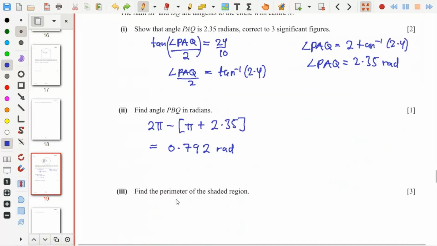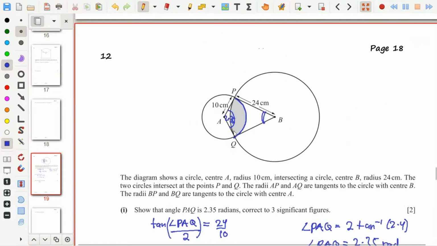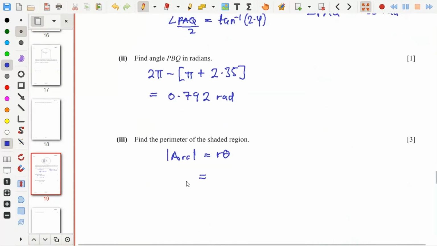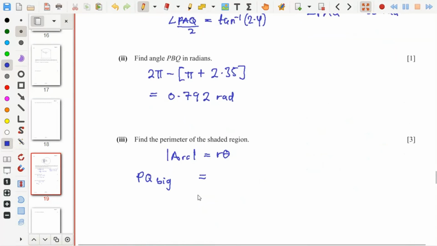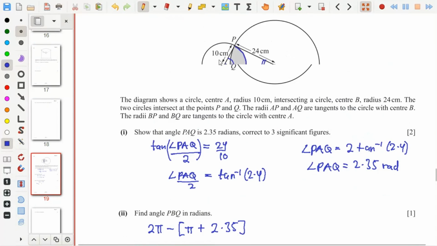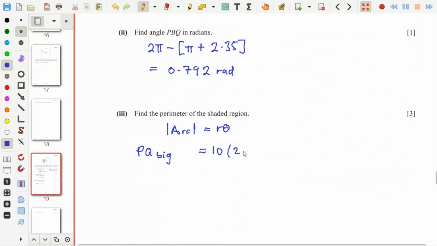Length of arc is given by r theta. So let's find this one first, the big one. Your radius is 10. Your angle is 2.35. So if you expand this, you're going to get 23.5.